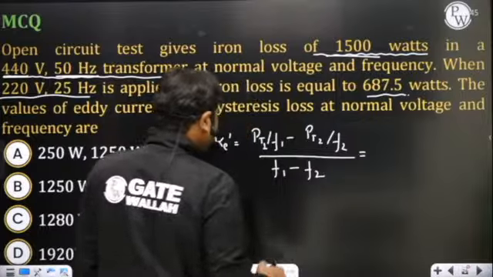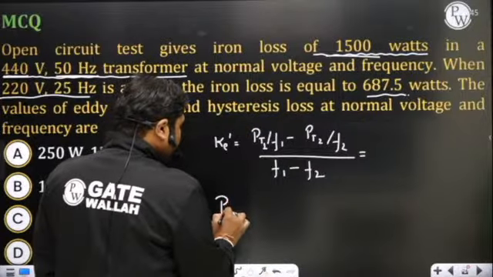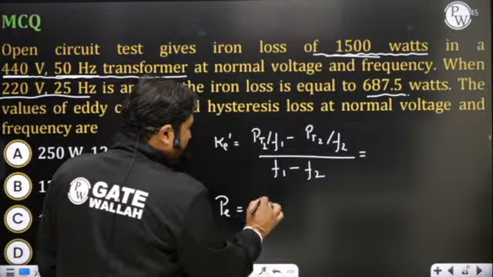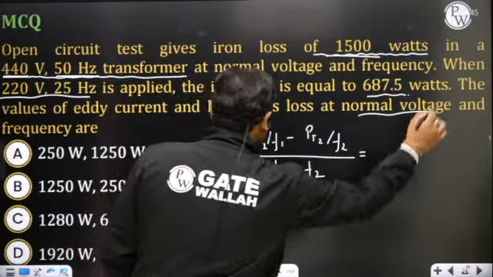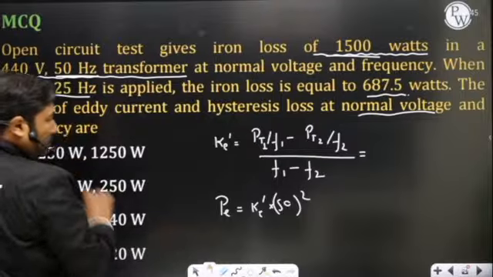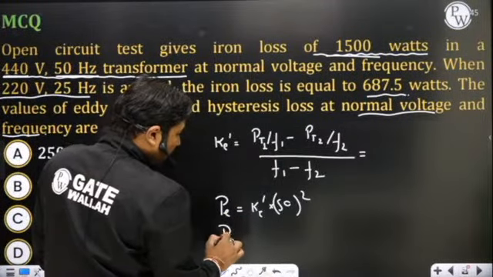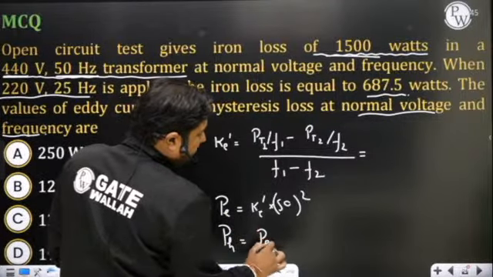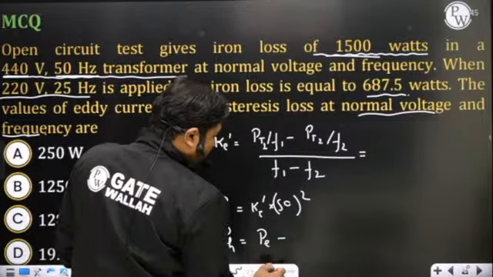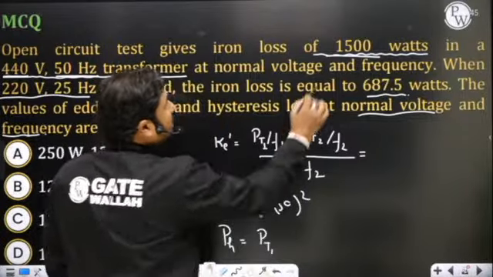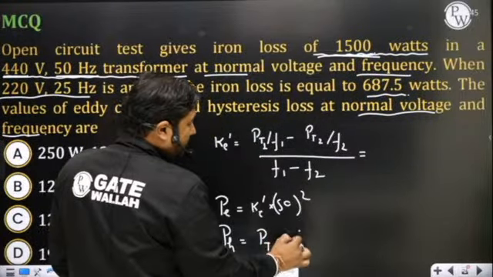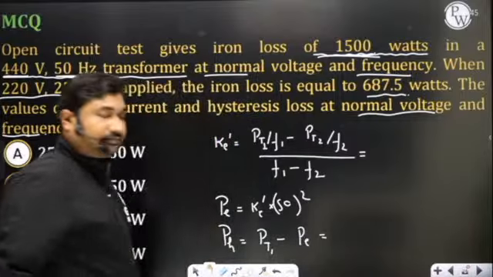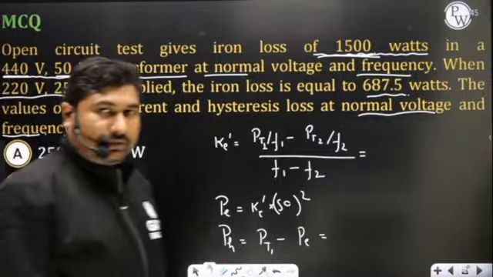This gives you the value of Ke dash, and you can find Pe as Ke dash into 50 square, because 50 is the normal frequency. And the hysteresis loss you can easily write as total loss minus Pe, because the total loss is at normal frequency. That gives Ph. You can easily do the calculation.